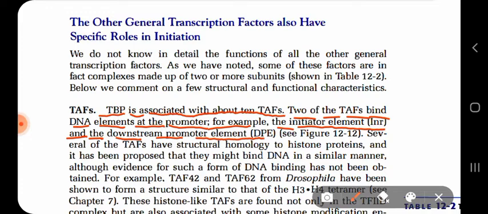So this TAF, also called TATA box binding protein associated factor, associates with the TATA box binding protein called TBP. About 10 TAFs associate with the TBP, and two of the TAFs bind to other regions within the promoter, like one of the TAFs associates with the INR element.